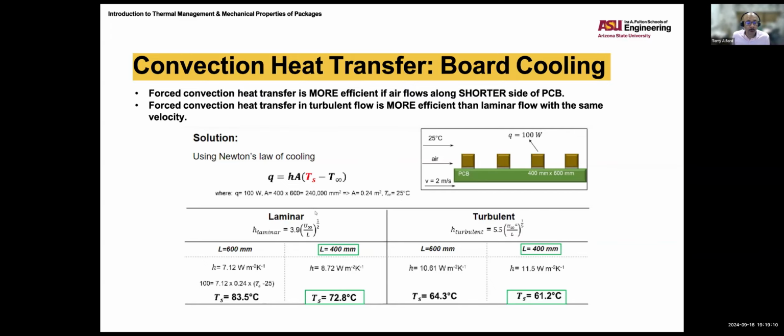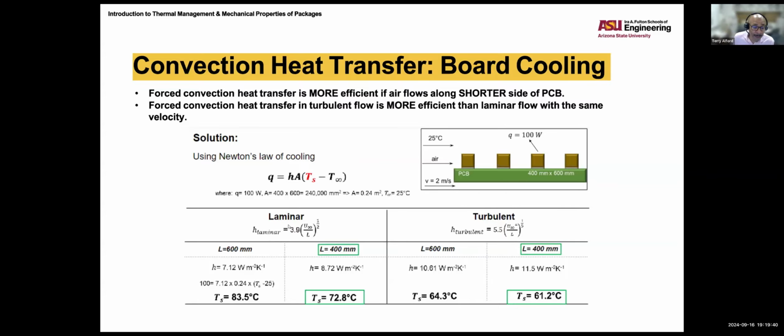Now, this is just for your own edification, not saying we're going to get into trying to calculate this heat transfer. But what I want to show you here is that it is a function of the type of flow, as well as the material properties of the fluid.